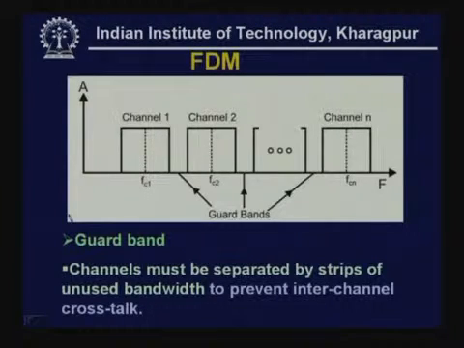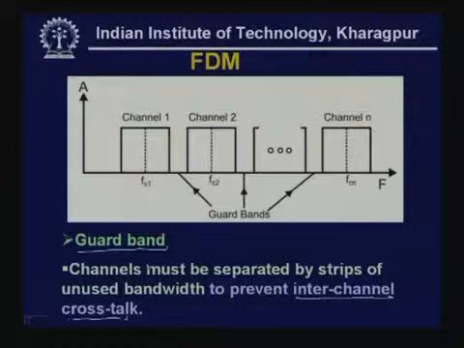And here it is shown in more detail. So, the carrier frequencies Fc1, Fc2 and Fc3. Apart from having separate bandwidths for each of these signals coming from different sources, some extra overhead is there, which is known as guard band. This guard band is necessary so that channels are separated by strips of unused bandwidth to prevent inter-channel crosstalk.